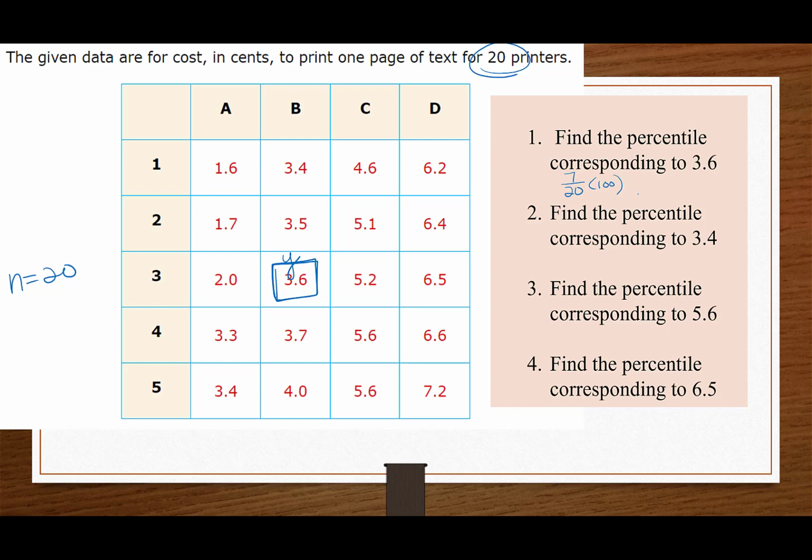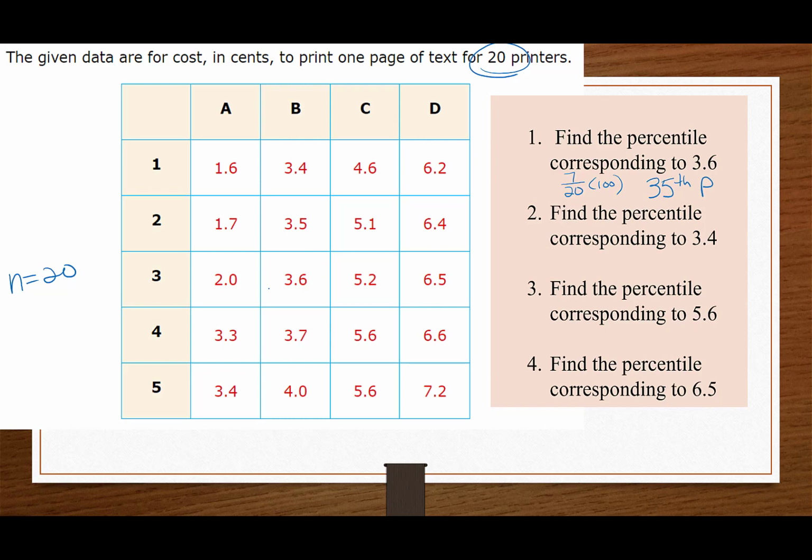I'm converting it. What percent of the data is less than y? 7 divided by 20 times 100 is 35. So since we know 35% of the data is less than this value, we can also say that this value 3.6 is the 35th percentile.